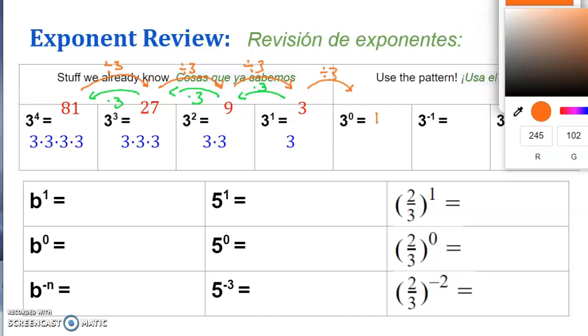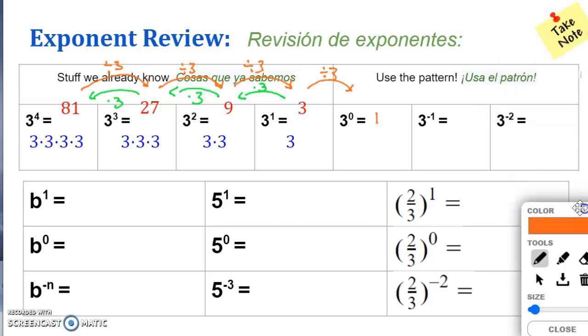What is 1 divided by 3? And that is the same as 1/3. And what is 1/3 divided by 3? Dividing by 3 is the same as multiplying by its reciprocal. That means you flip the fraction.